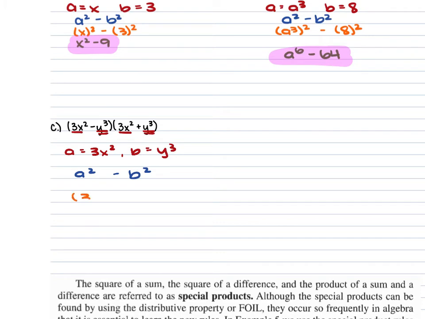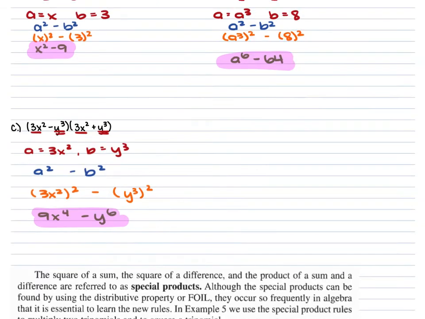So a is the 3x squared. We raise that to the second power, minus b, which is y cubed. We raise that to the second power. So 3x squared raised to the second power gives us 9x to the 4th power. And y cubed raised to the second power is y to the 6th power. So that's just 9x to the 4th minus y to the 6th.